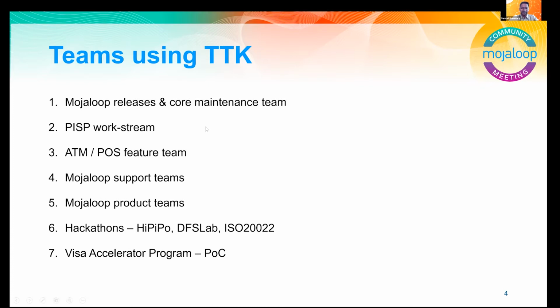Then we have the DFSP workstream using it. We have a workstream that was developing adapters for ATM and POS, ISO 8583 based APIs. They were using the testing toolkit as well. I have several Mojo Loop support teams for implementation projects using the testing toolkit. Even Mawali wanted to start using the testing toolkit, so that's another welcome update.